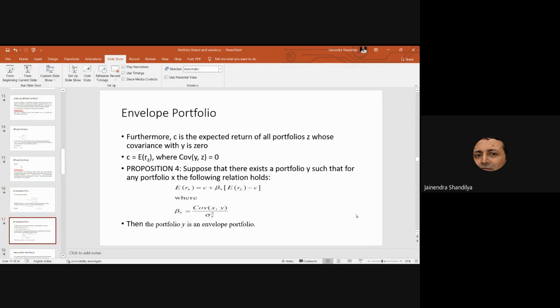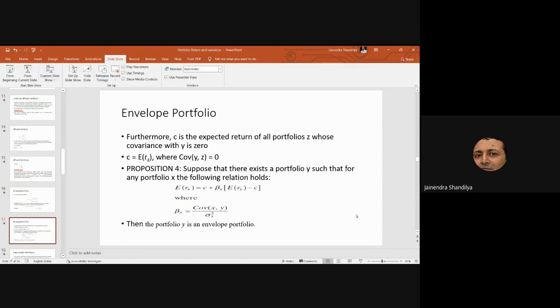This is saying that the expected return of all portfolios Z whose covariance with Y is 0. I told you in the beginning also that the C you are selecting should not vary in its covariance with portfolio Y. In this case, the covariance of Z and Y should be 0. Why?